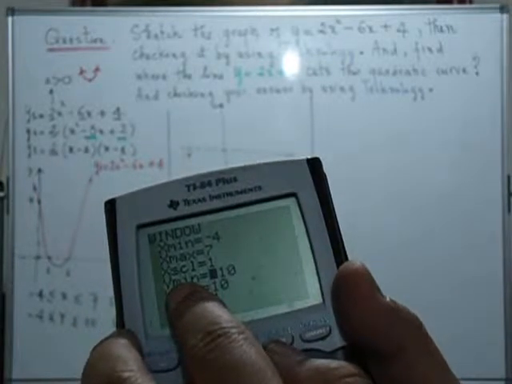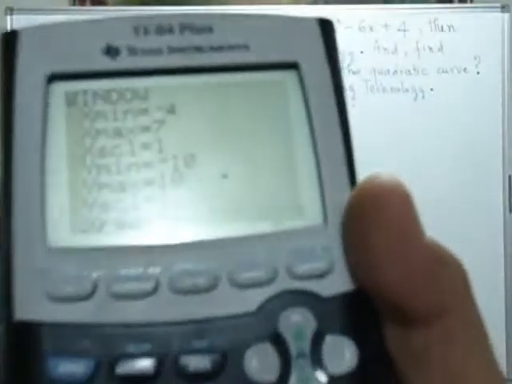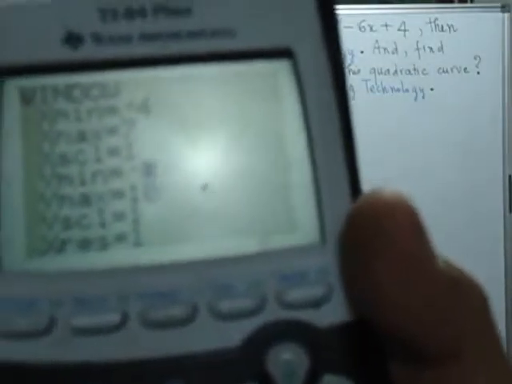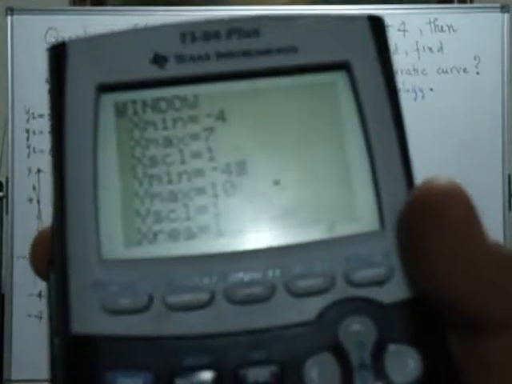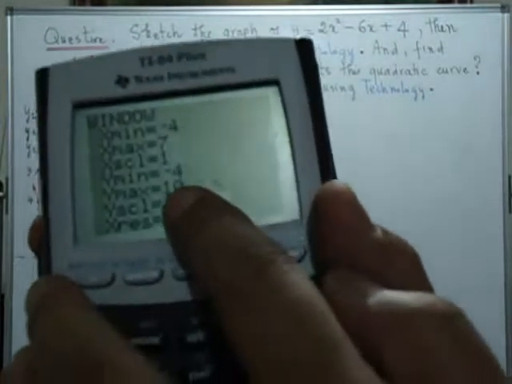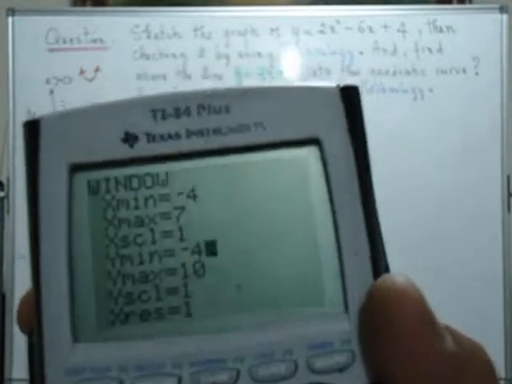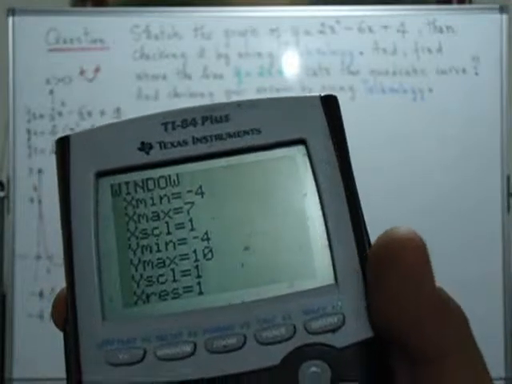Now Y minimum, from the origin going down, we set about minus 4. Use the minus key, not that one, use this one. And Y maximum we leave at 10, with scale 1.